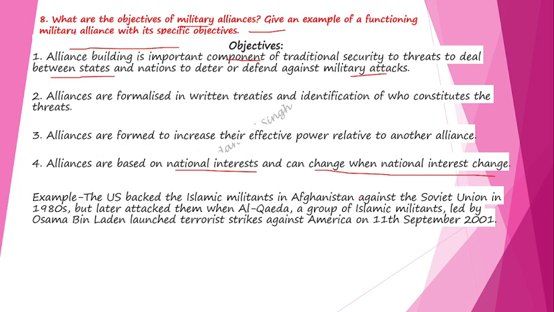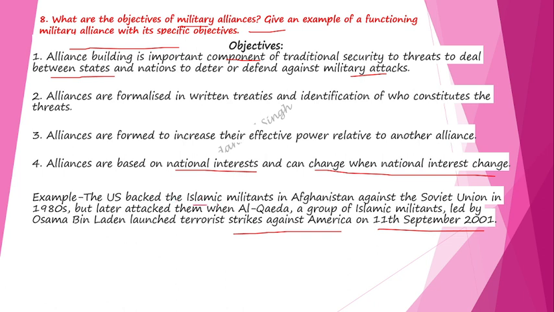The example is that the US backed the Islamic militants in Afghanistan against the Soviet Union in 1980, but later attacked when Al-Qaeda, a group of Islamic militants led by Osama bin Laden, launched a terrorist strike against America on 11th September 2001. Generally, in Afghanistan the US was there and the Islamic militants were there.